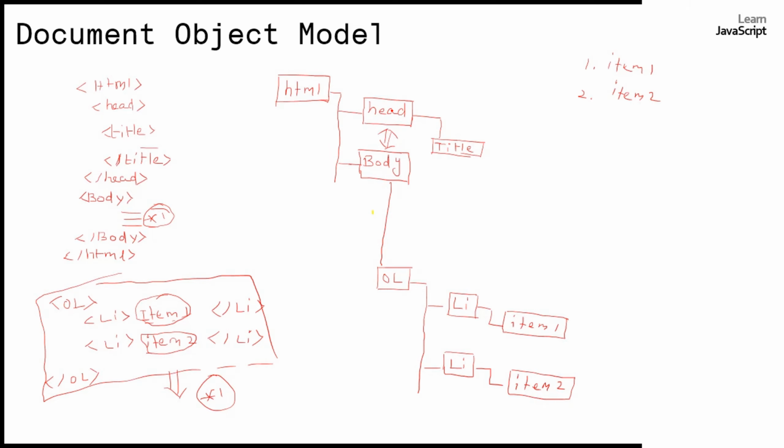So this is how we will represent all the tags in document object model. So with JavaScript, we can access any of these elements and read its value, or we can even add a new element inside the document object model. So all this we can do at runtime. Now we will see an example and we will understand this better.